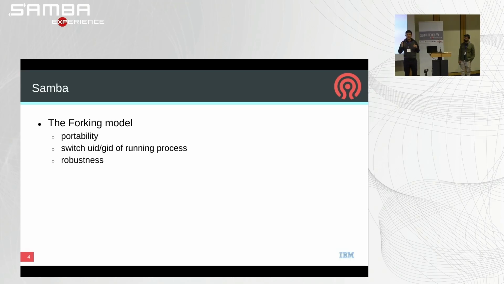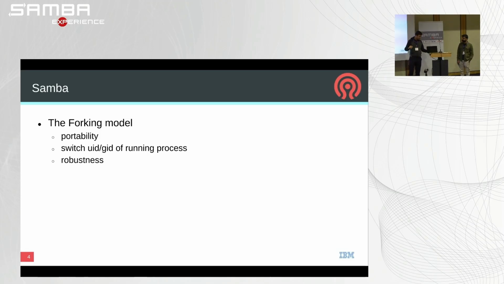Also, we do not have to do as many UID, GID switches. And also robustness: if we hit a bug which causes one of the client connections to crash, the process crash affects only that particular client connection, and doesn't affect the entire Samba server. So the forking model was very beneficial, and we decided to use that for Samba.